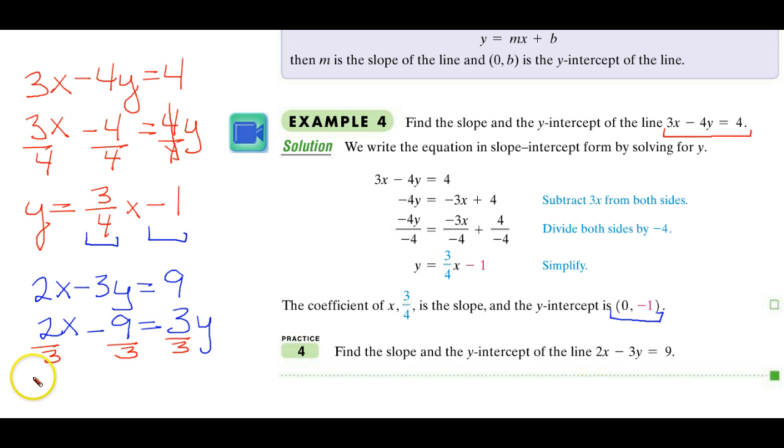And I can write it this way now. Y equals 2/3 x minus 3. So our y-intercept is -3, and our slope is 2/3.